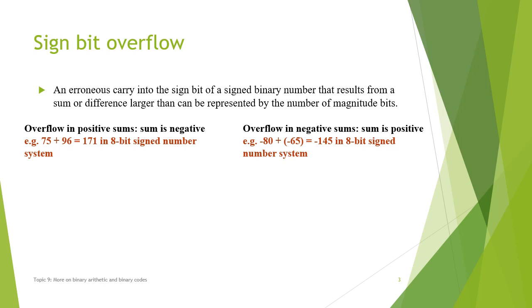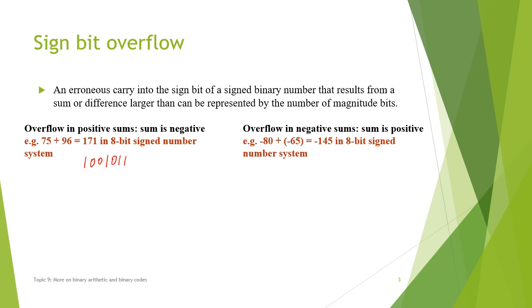For example, if we have 8-bit signed numbers added together, 75 plus 96, we know it's equal to 171, right? So let's do this in 8-bit binary. 75 can be represented as 64 plus 8, that's 72, then plus 3.